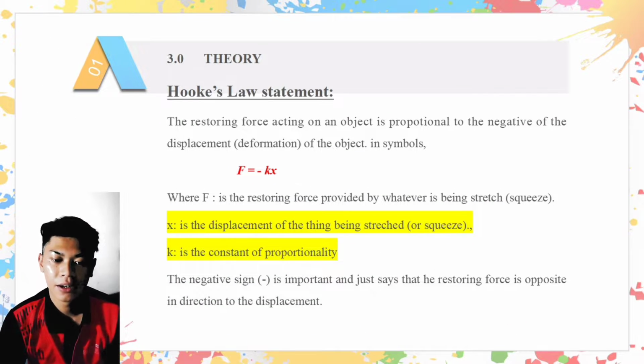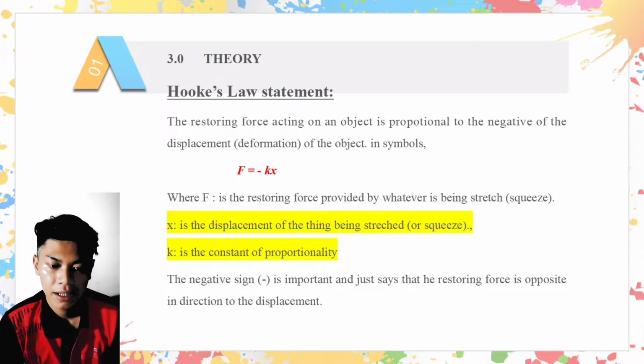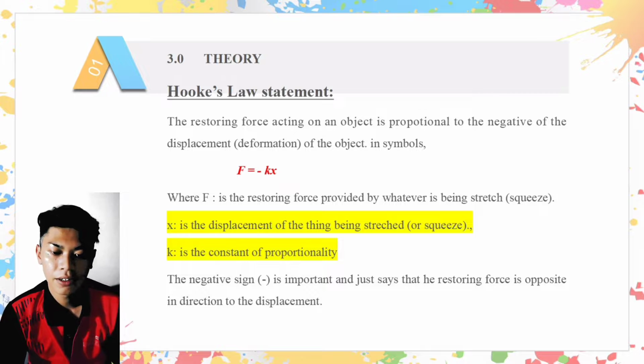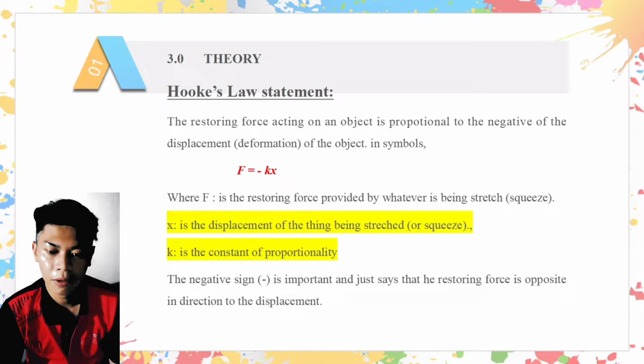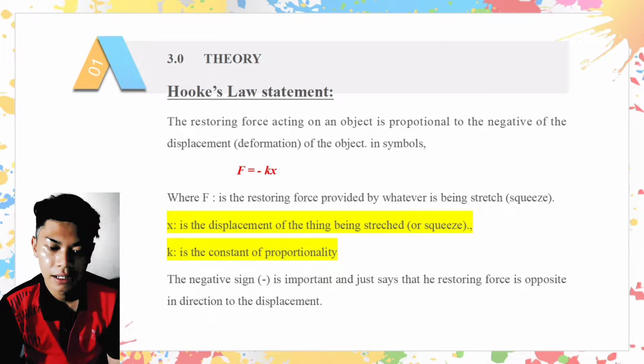Next, I will talk about the theory. Hooke's law statement: the restoring force acting on an object is proportional to the negative of the displacement or deformation of the object.